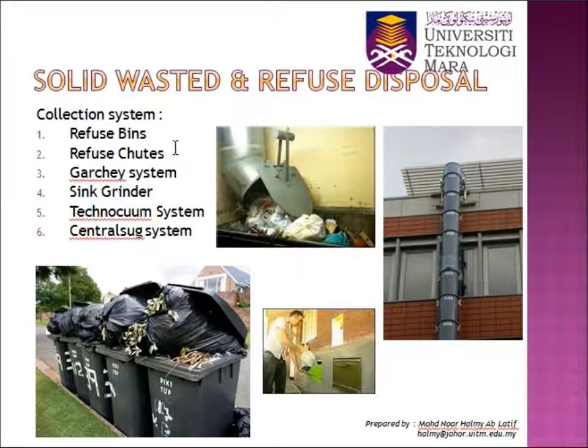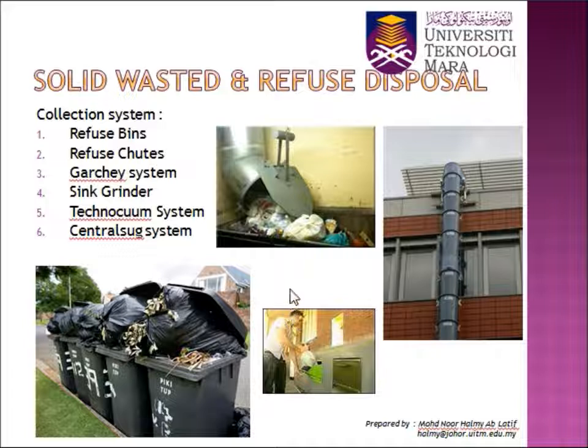Next, collection system. So how do we collect the waste? There are several types. First is refuse bin, refuse chute, garage system, sink grinder, Technocom system, and central suck system.